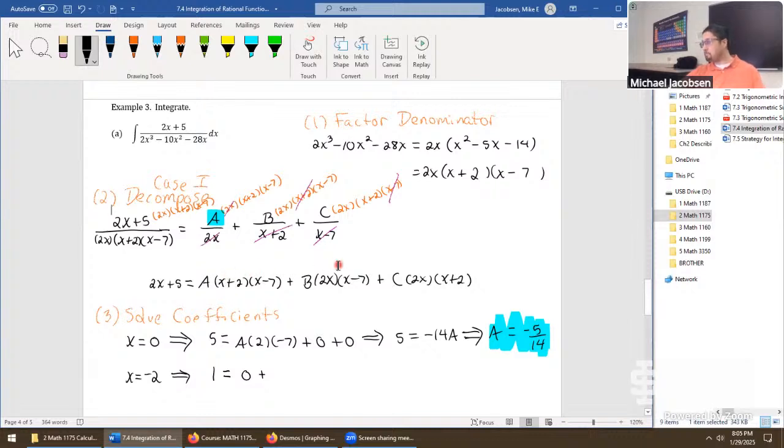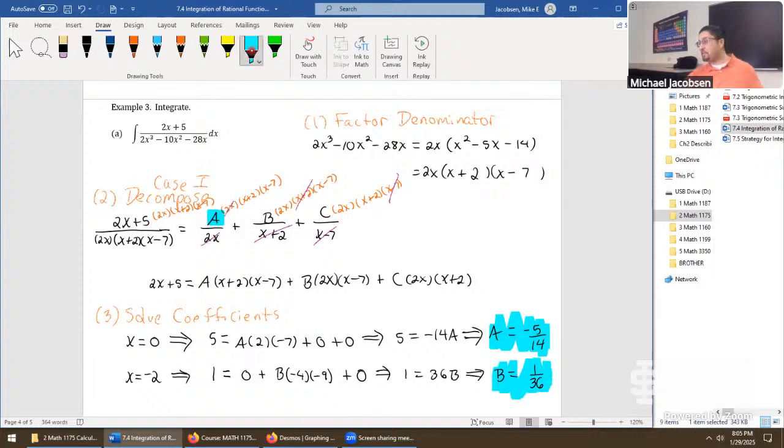We did compute it. Negative 2 here will allow the b coefficient to survive. So that's the one we're solving for. Will be b times -4 minus 9. Finally, -2 here will give us a 0. So just a +0 on that one. Now that's a nice equation for coefficient b. This now implies that 1 equals 36b. And we've got a coefficient. B is 1/36. Provided the algebra didn't go sideways at any step. Does that look all right to folks so far?